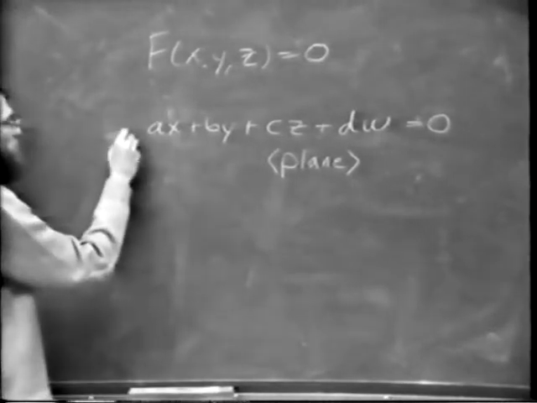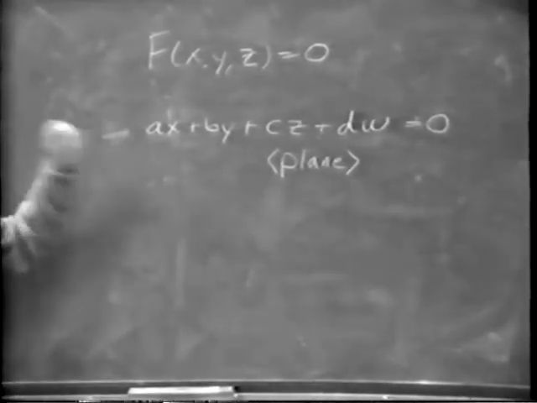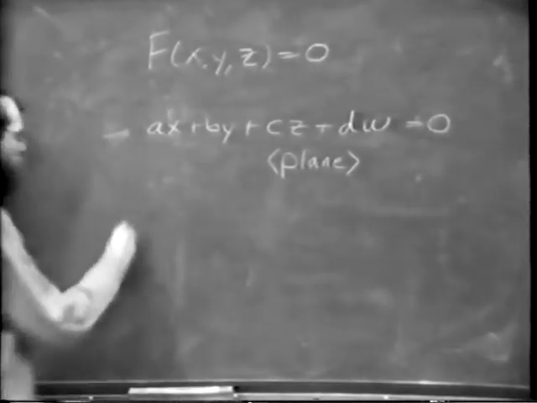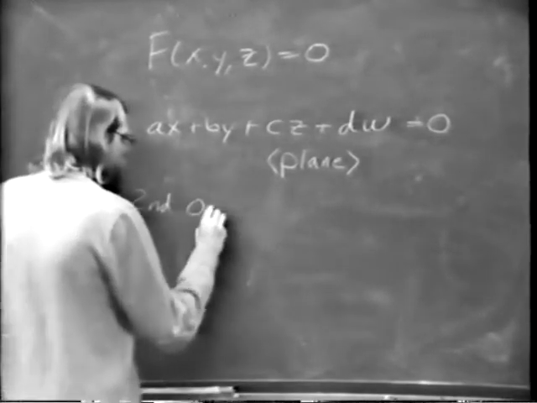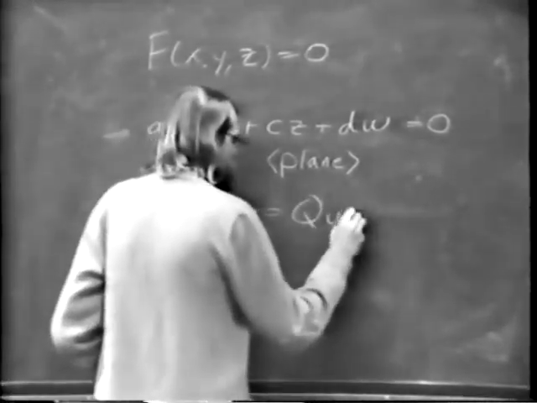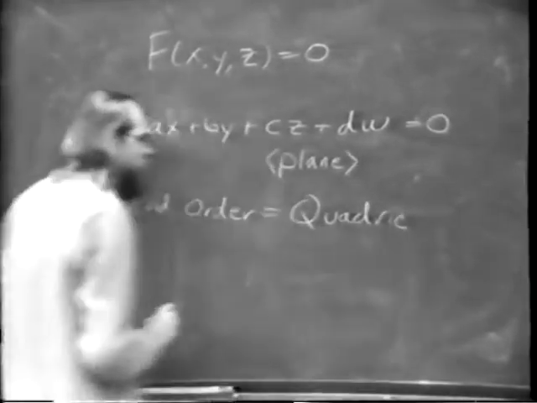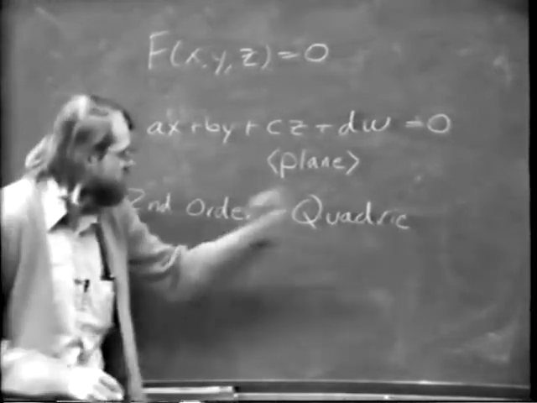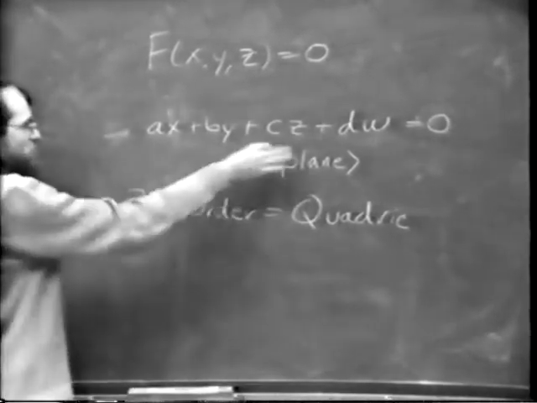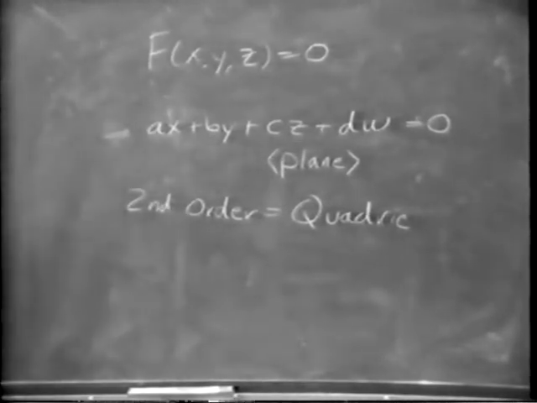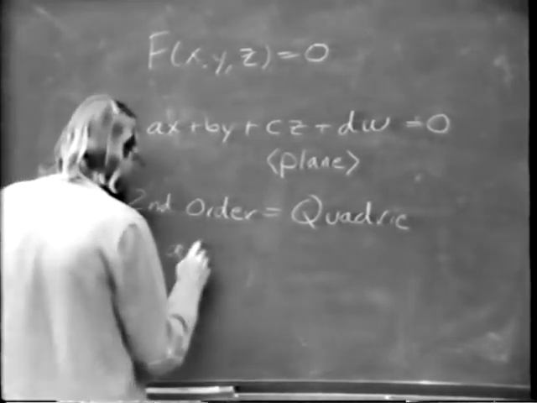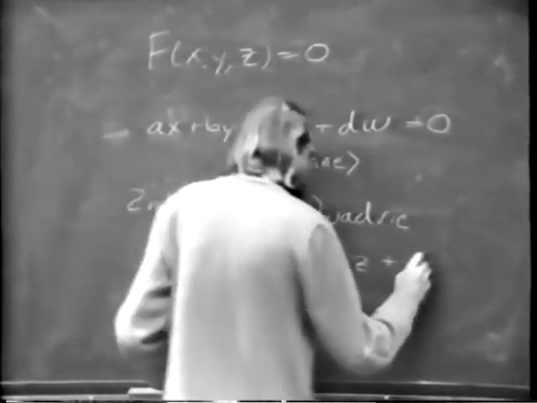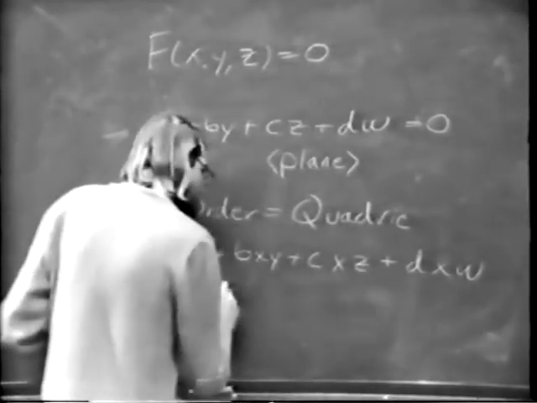The next stage of complexity here is going up from linear or first-order equations up to second-order equations. And second order equations and surfaces defined by them are called quadrics. And the general all-around equation for a second order surface is something like this.